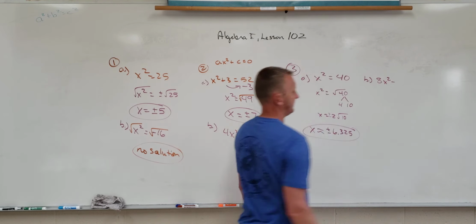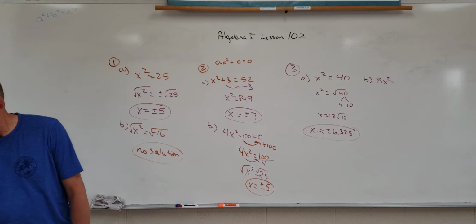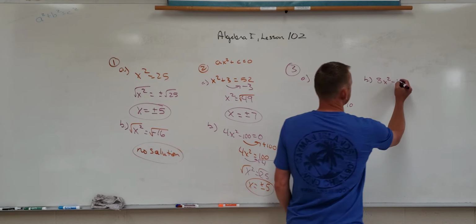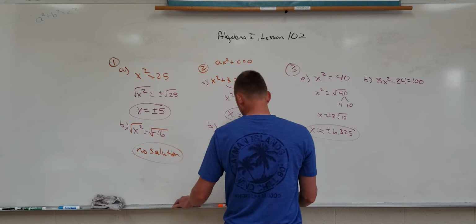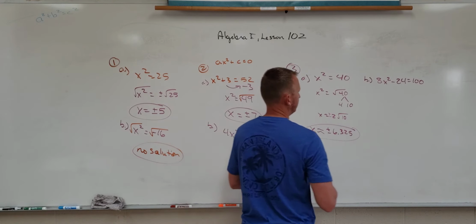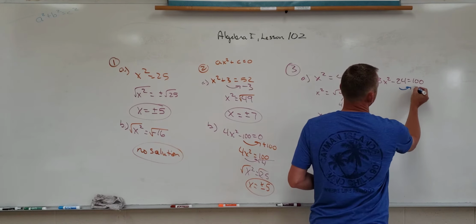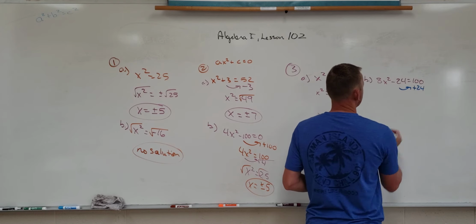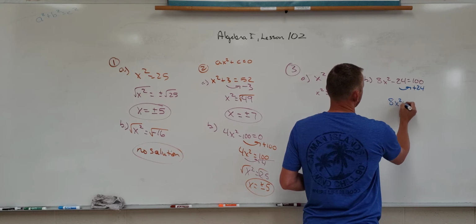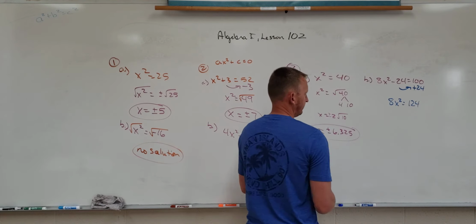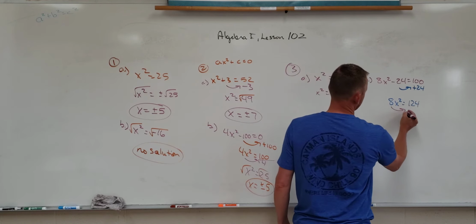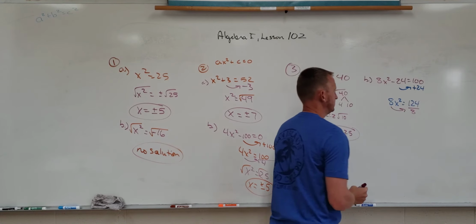We have 8x squared minus 24 equals 100. So, start solving. Take 24 over and add. 8x squared equals 124. Multiplying here, take it over and divide.